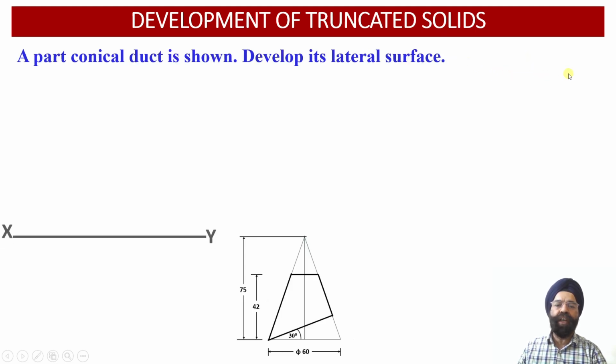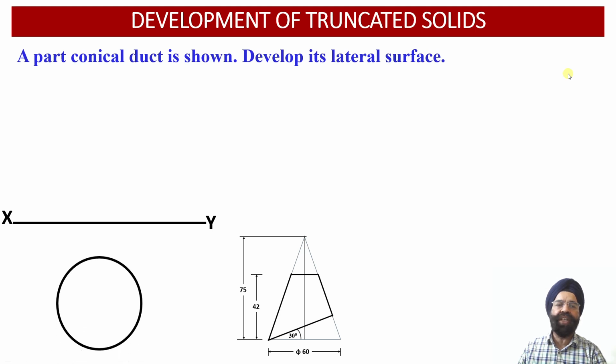So let us first of all evaluate the top view and the front view projections corresponding to this conical duct or the truncated cone over here. As the observer is going to look at this cone from the top, we are going to obtain the circular projection onto the horizontal plane in the top view. Now we know that the diameter of the base of the cone happens to be 60 millimeter.